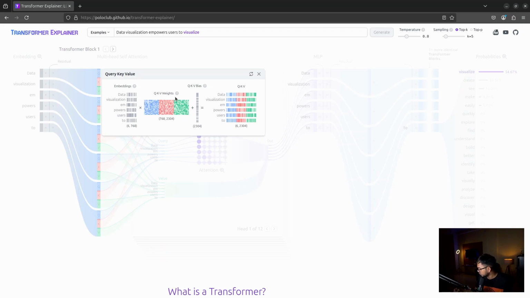If you divide this into 3 matrices, then you get 6 by 768, multiplied by 3. If you see here in this part, it is colored blue, red, and green.